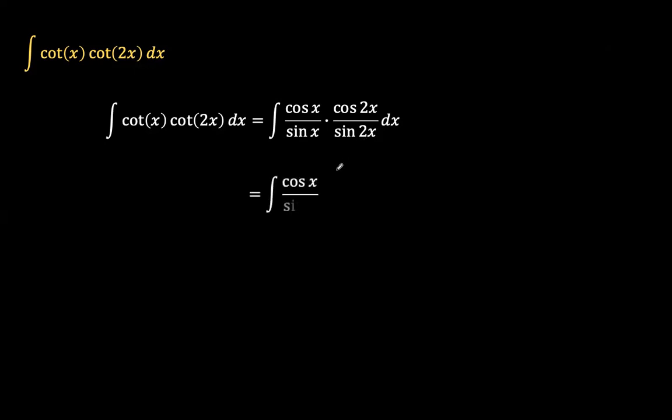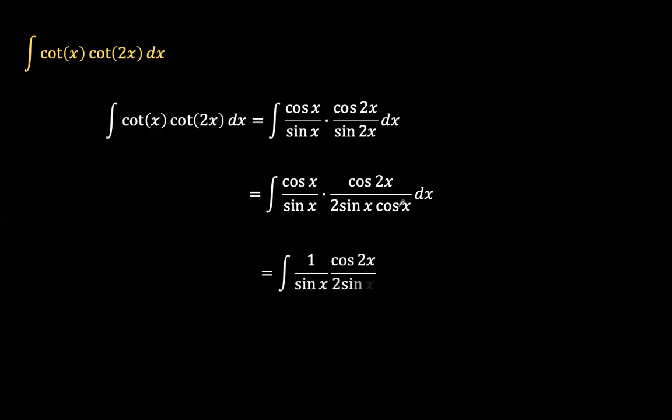Keeping the single angle formalism as they are, we can now express sine 2x as 2 sine x cosine x. What that results in is that cosine x cancels.